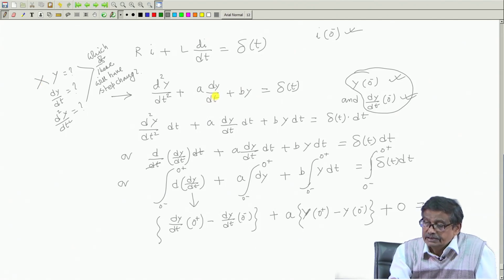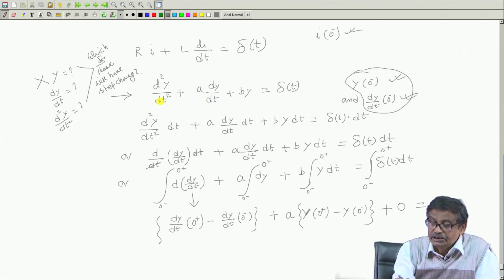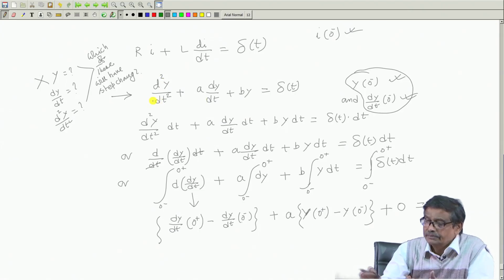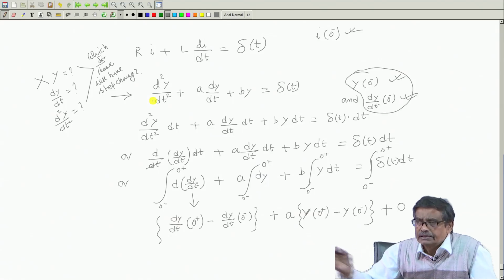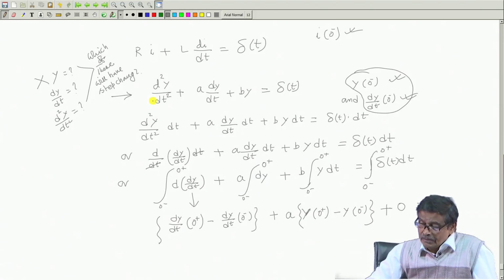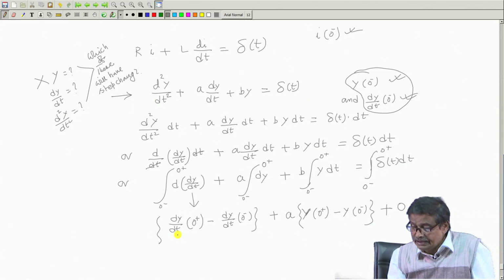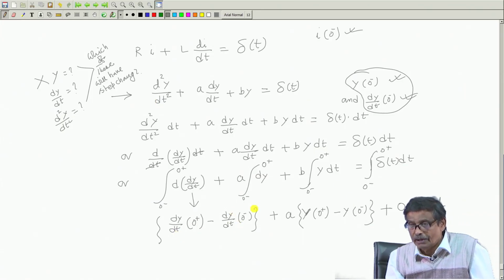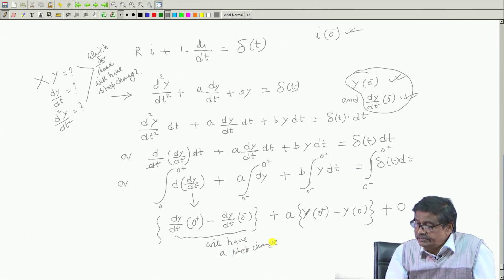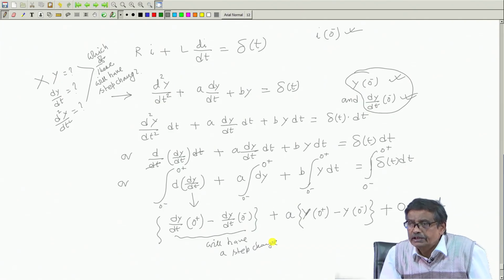If dy dt value changes by a step, a vertical line, then d2y dt2 will give you that delta which will be perhaps balancing the right hand side delta. So, the question is this dy dt 0 plus and dy dt 0 minus, this term will have a step change. This term will not have a step change, means it will be continuous.